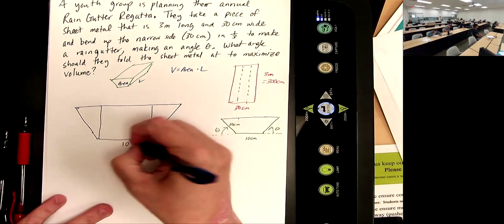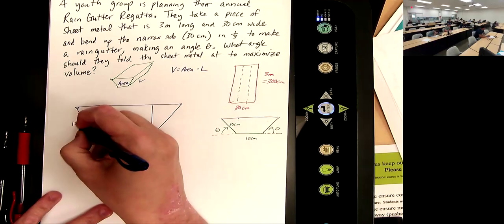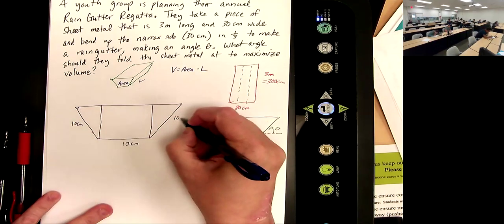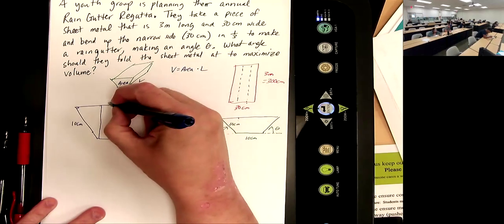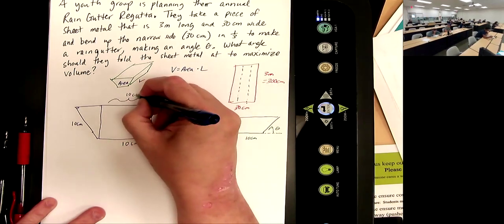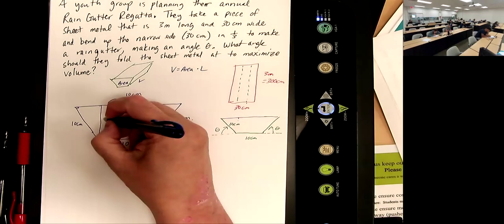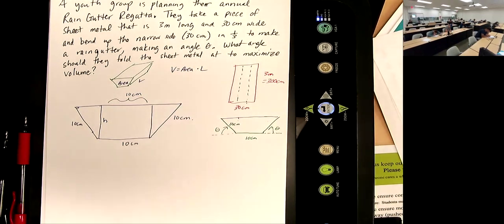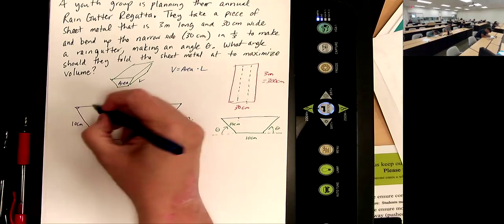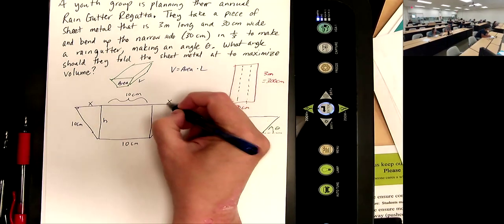This is 10 centimeters, this is 10 centimeters, this is 10 centimeters. That makes this portion here 10 centimeters. I don't know how tall it is, it's H. And I don't know what this length is, let's call that X.